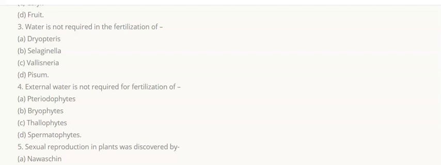As far as thallophytes are concerned, in this we get algae. Bryophytes are liverworts and mosses, and pteridophytes again a group of plants. So in the kingdom Plantae we have these three divisions, Thallophyta, Bryophyta, Pteridophyta, and all these three need external water for fertilization.